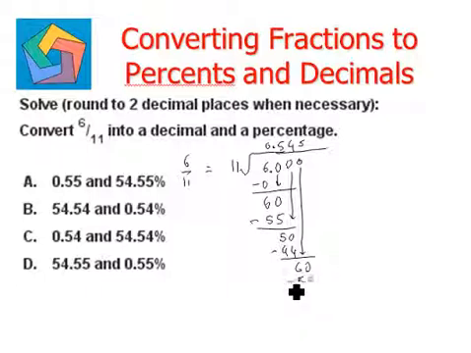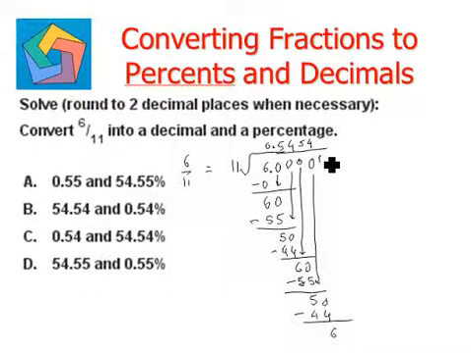This becomes remainder 5. Another 0 from the top. 11 times 4 is 44. 6 remainder. 0 from the top. 11 times 5 is 55. So we can stop here because this is recurring, or it is repeating itself.